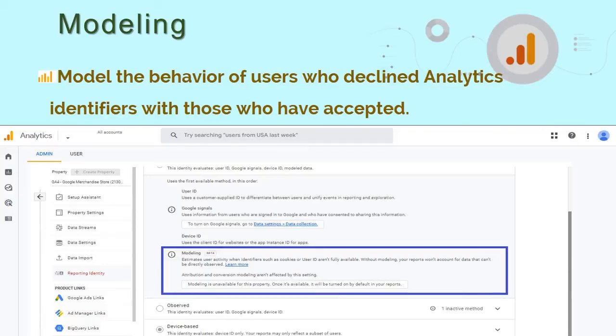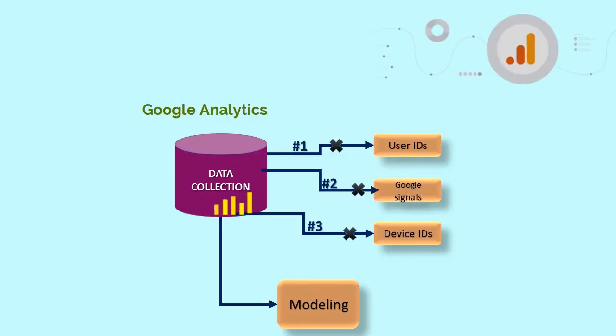This figure demonstrates how Google Analytics goes on to collect data from your apps or properties. If you have created your own identifiers for unique users using their email addresses or usernames, Google Analytics will use the user identity space first.